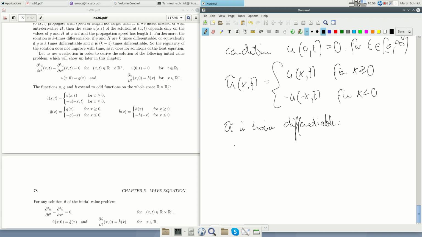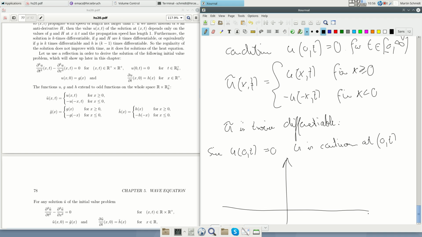Why? Essential is first that we get continuity. Since u of 0,t vanishes, u tilde is continuous at 0,t. Maybe I draw a picture.